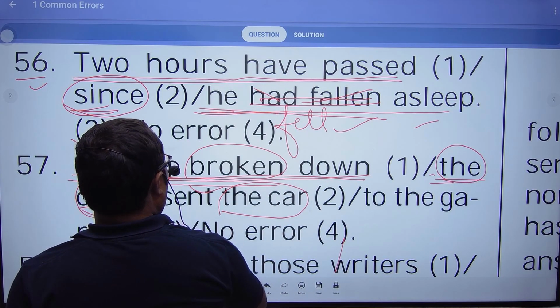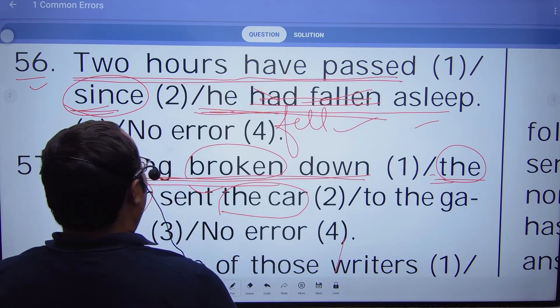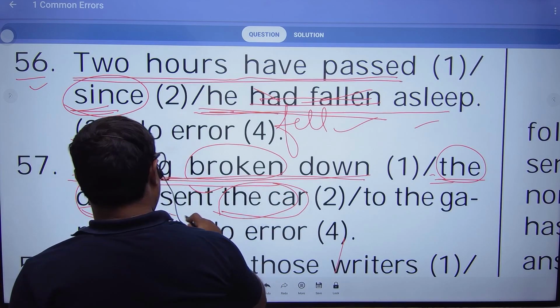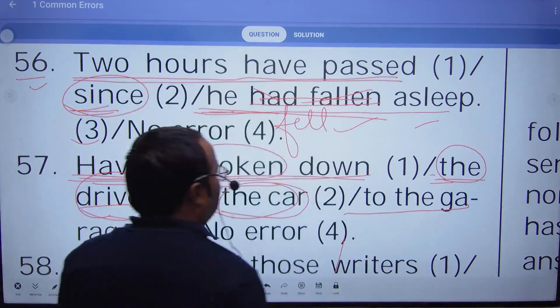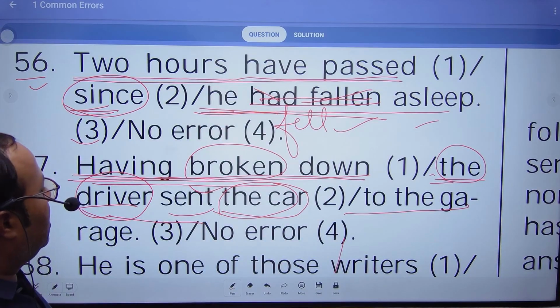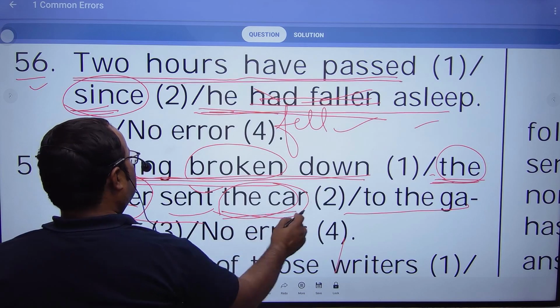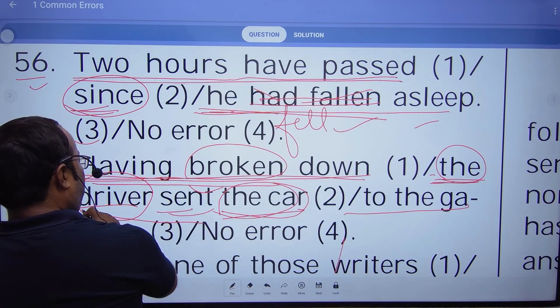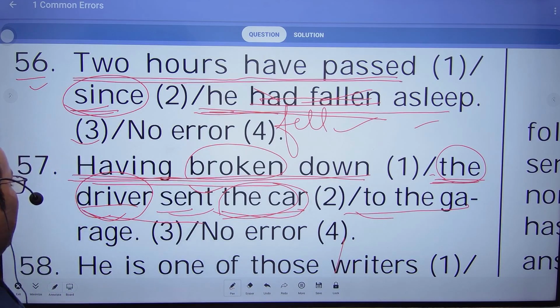by the car was sent by the driver to the garage. The car was sent by the driver to the garage. So the car was sent by the driver to the garage, garage भेजा गया था ड्राइवर के द्वारा.